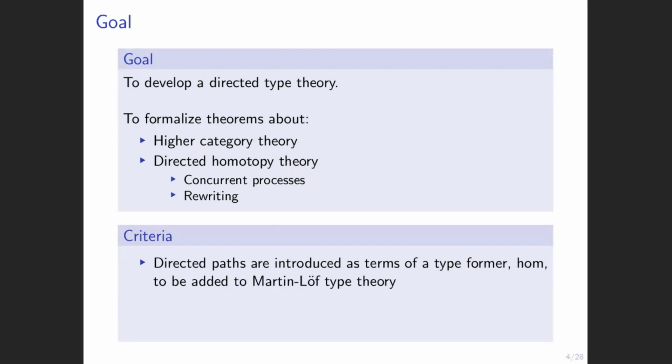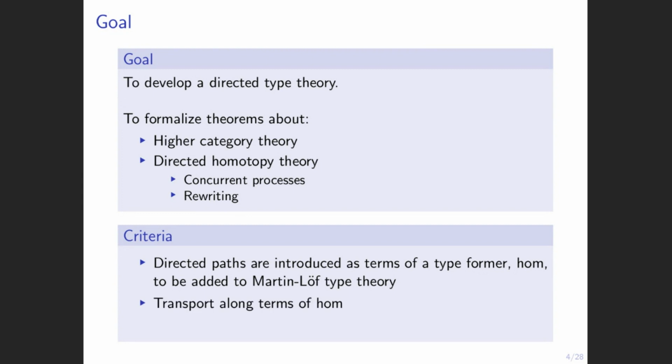Okay, so just to give a technical idea of what we're trying to do here, that I will explain more in future slides, is that we want to make this type theory directed by introducing a notion of directed paths via a type former that I'm going to call hom, like homomorphisms in a category, that we add to Martin-Löf type theory.